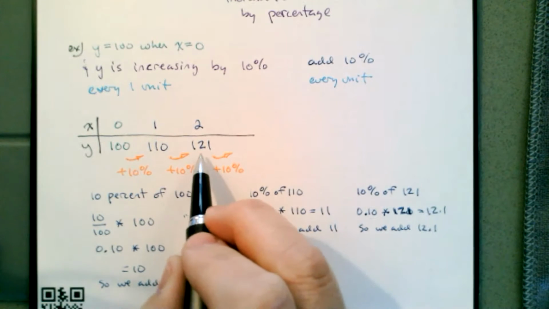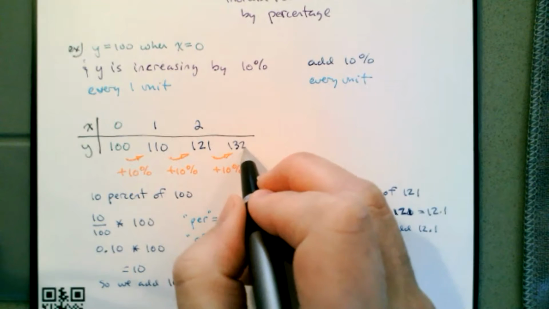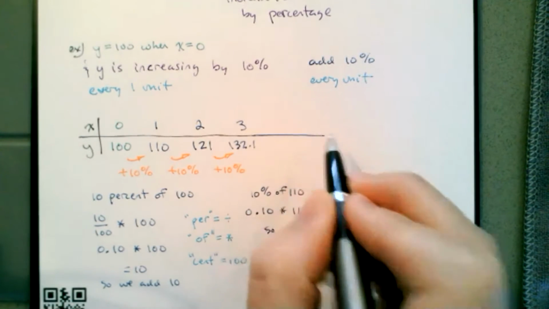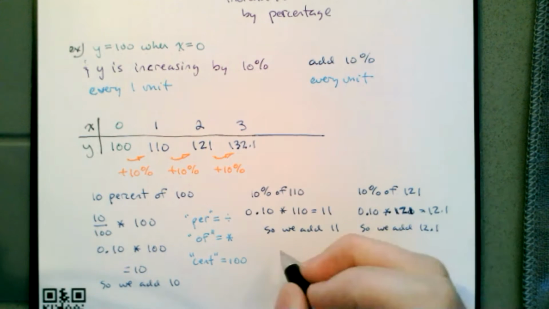So 132.1. So what we can see is that even though we're adding the same percentage, the amount that we're adding is increasing. We're not adding the same amount, we're adding the same percentage. So as y increases, the percent that we add is increasing as well.